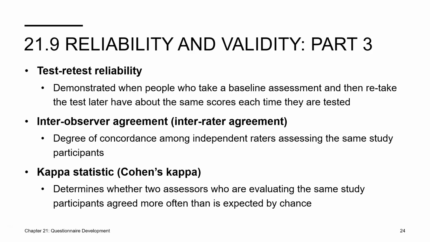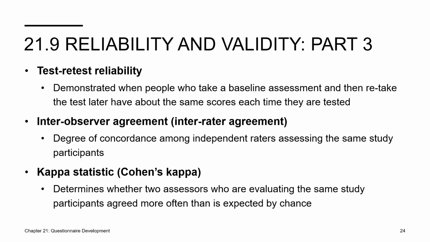Then you can also test the inter-observer agreement or the inter-rater agreement. This is the degree of concordance when you have independent reviewers assessing the same study participants. So if you're having people observe different interactions between, say, providers and patients, you should have the same results when you have two different people rating it.